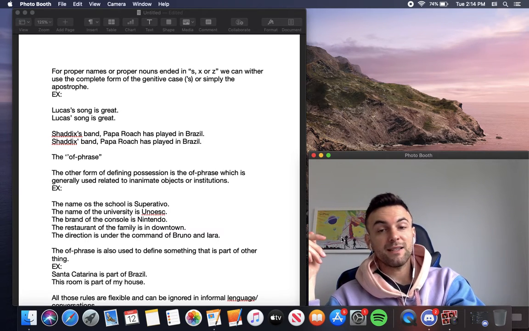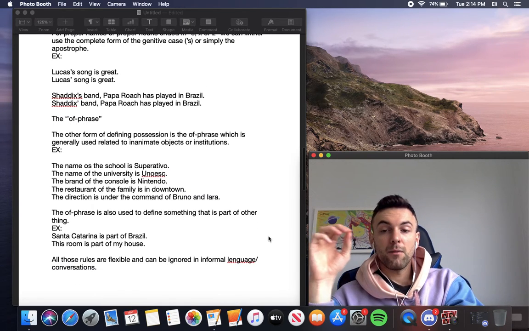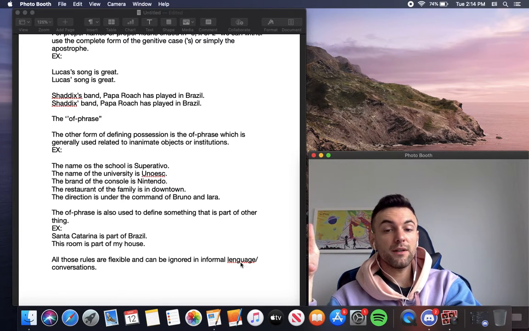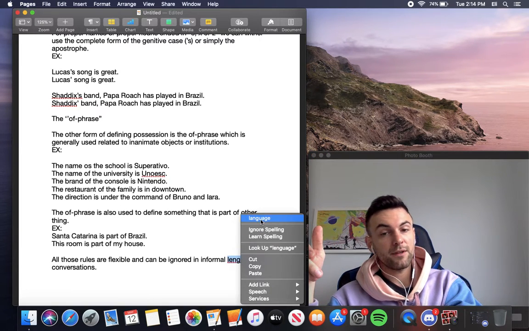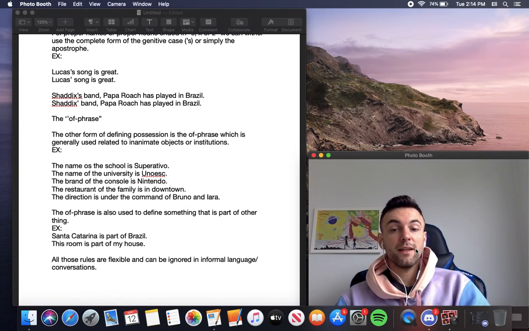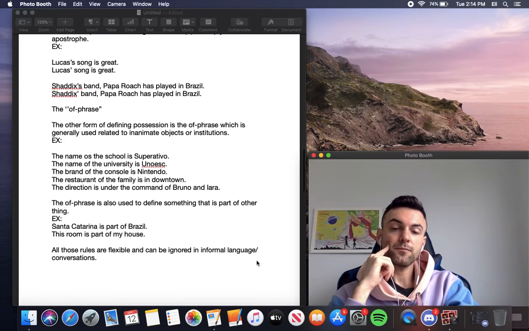For example, Santa Catarina is part of Brazil, and this room is part of my house. But all of those rules are flexible and can be ignored in informal language or conversations.